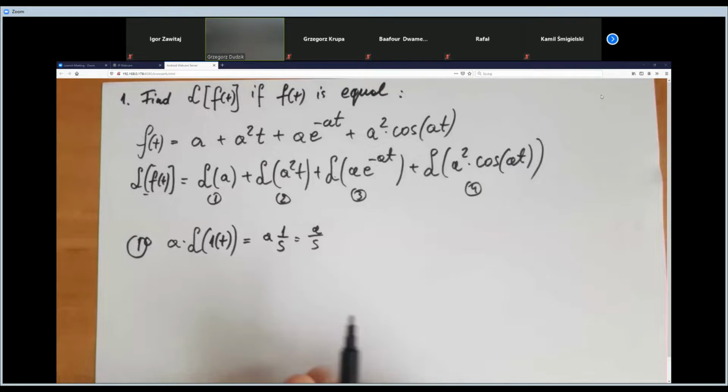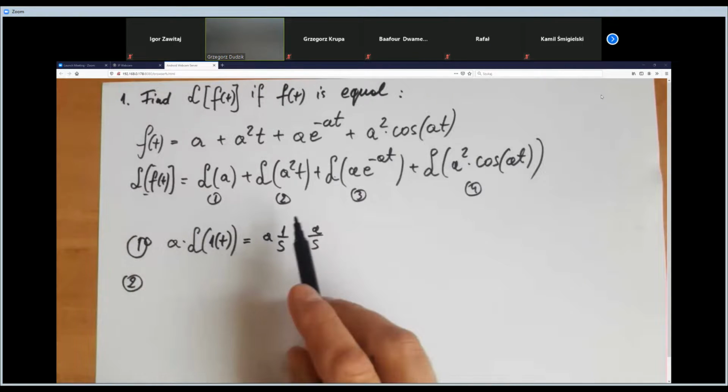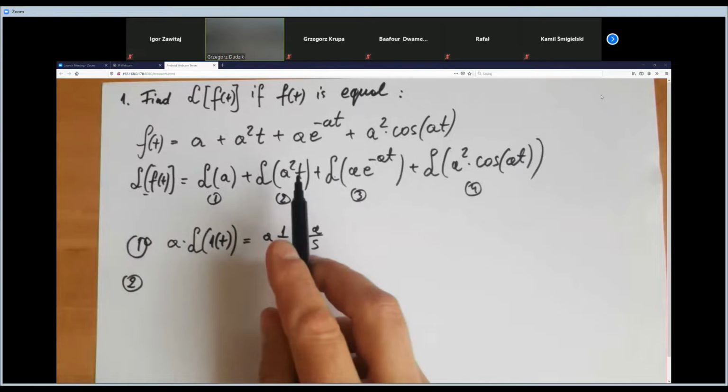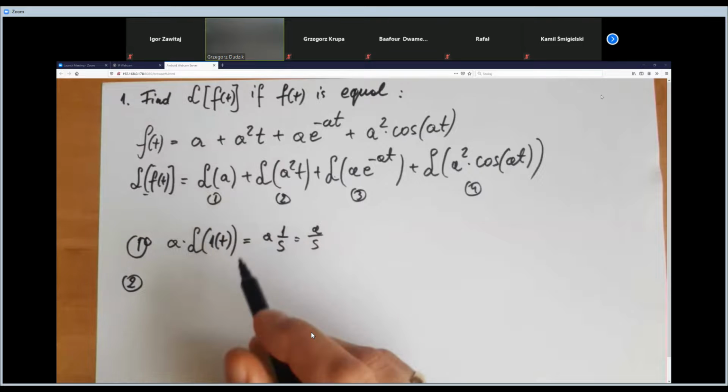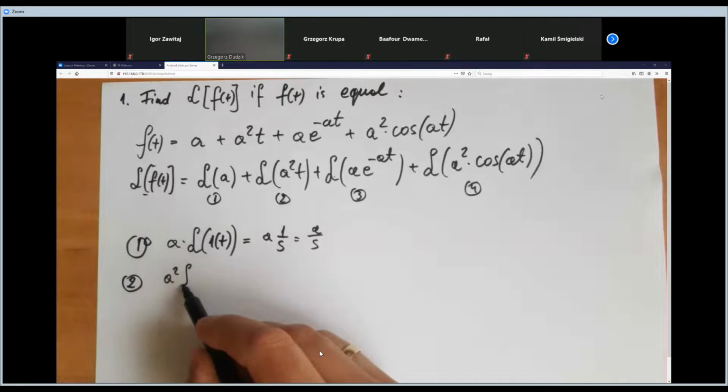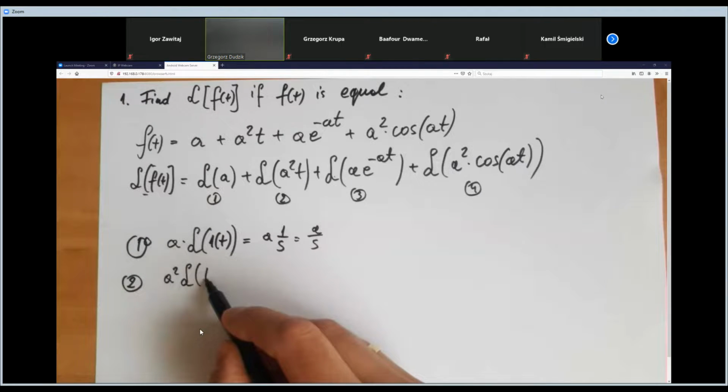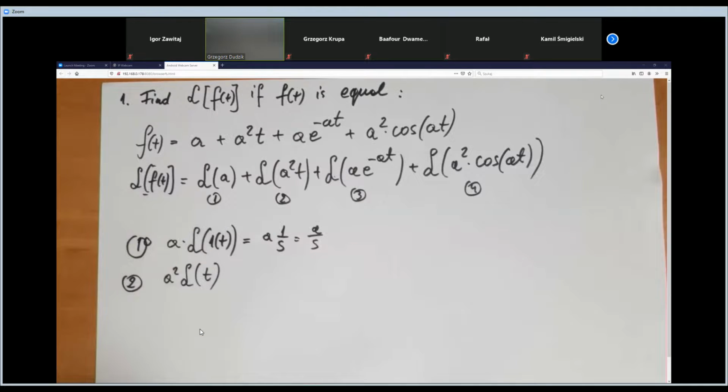The second component is the Laplace transform of a squared t. So in fact, a squared is a constant value. It comes before the Laplace transform function. And we've got the Laplace transformation of t.